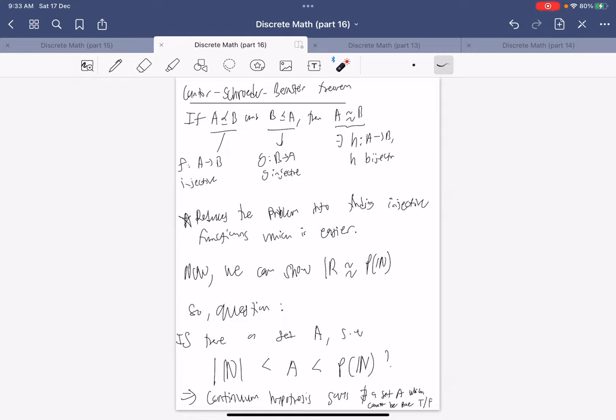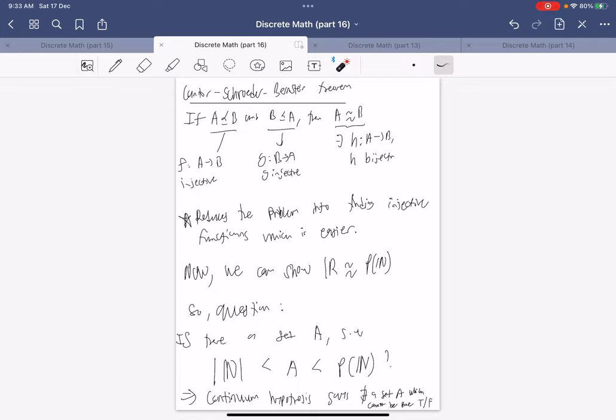And then this actually proves why the real numbers are equinumerous to the power set of n. Again, you can read the proof in the textbook. But you know that this is strictly larger than n, and so this proves that the real numbers are strictly greater than the natural numbers.